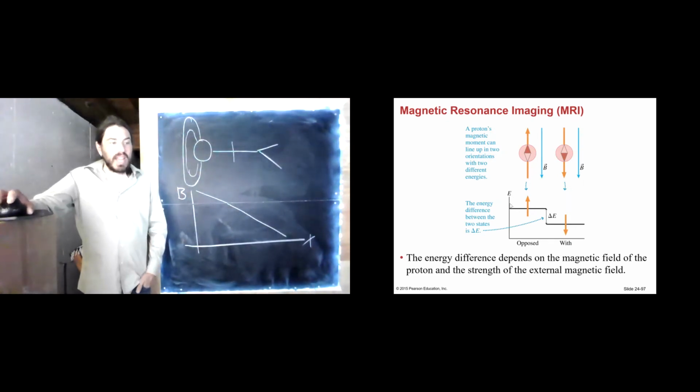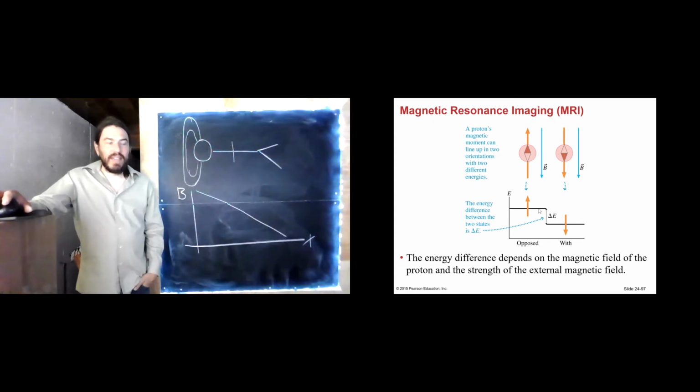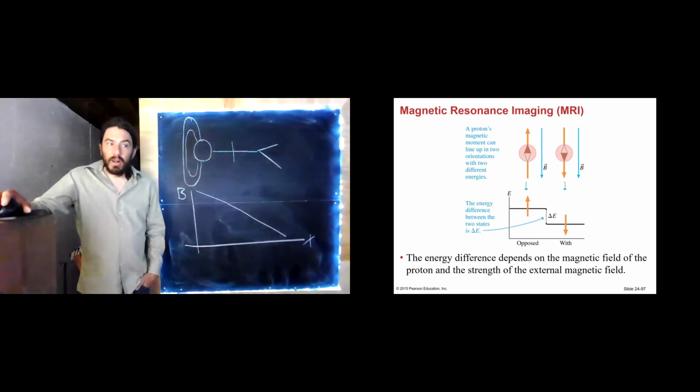So here we see an energy diagram, and this would be the energy of a proton if its magnetic field is aligned opposite to the external field. And it's a lower energy state if the proton has its field aligned with the external magnetic field.